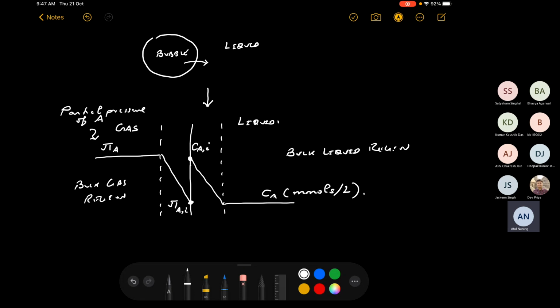Multiply it by some constant and say that is the rate at which the flux is taking place. So any thoughts on that? Why are we going through all this crazy stuff where we split it into two phases and then we say there is an interface in the middle? Why don't we just take what I have called pi a minus ca multiplied by some constant and say that is the flux across the bubble?